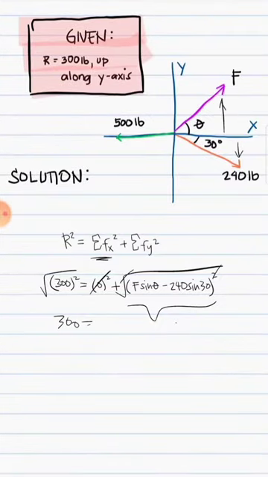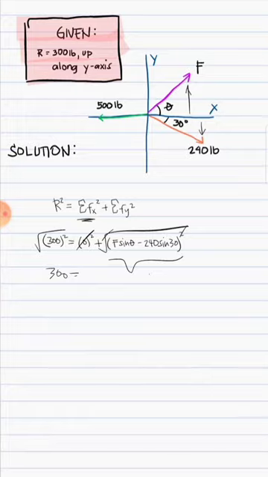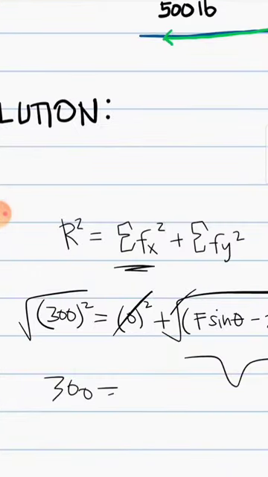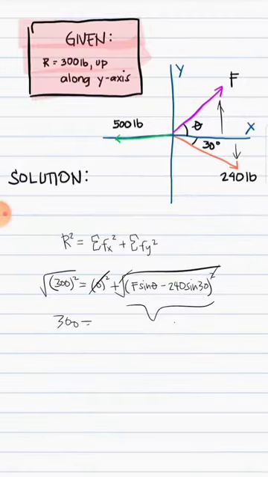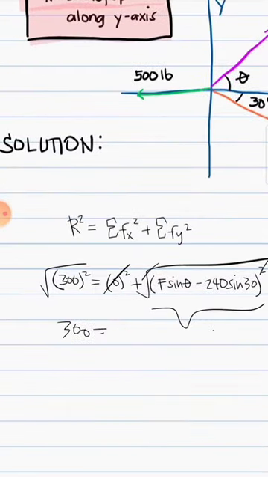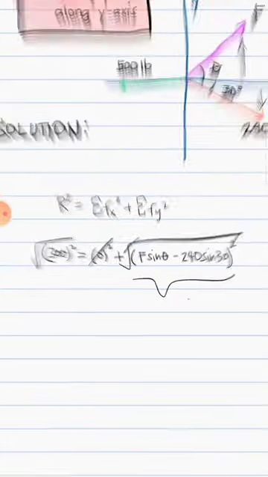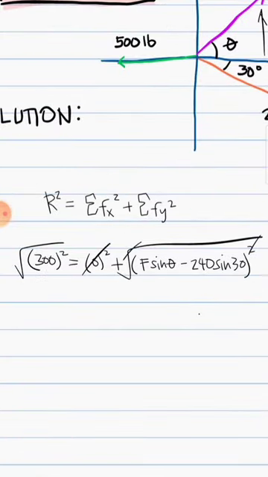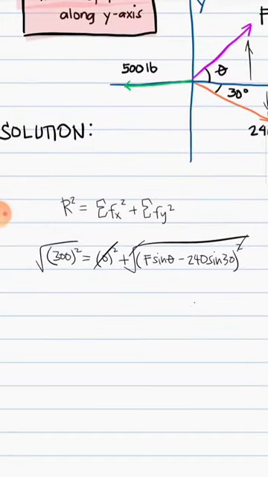So this is the lesson number 2. Lesson number 1, understand the given. The given says the resultant is only up along the y-axis, so you should have no x component. It is directly 0, automatic 0. Then the second is, don't forget that if the equation is quadratic, it has two roots, or sometimes no roots. But just like this one, you should consider the positive and negative roots of the answer.